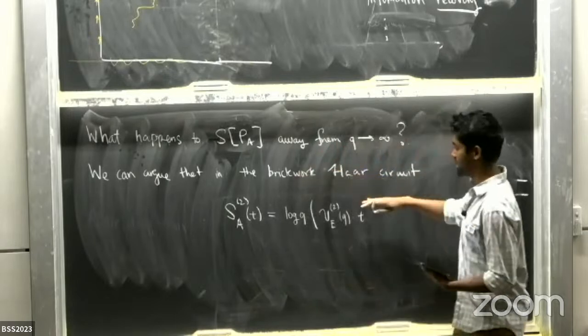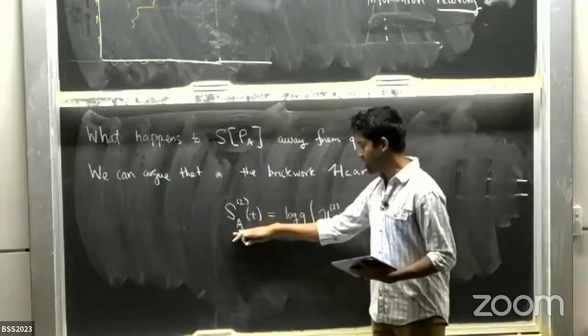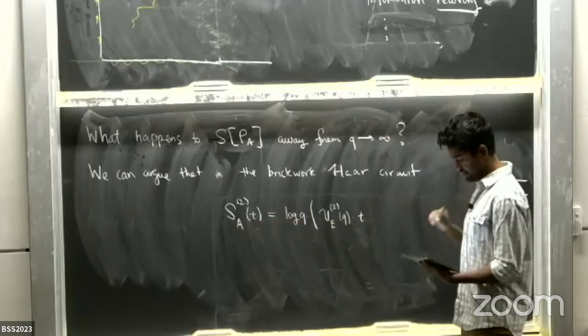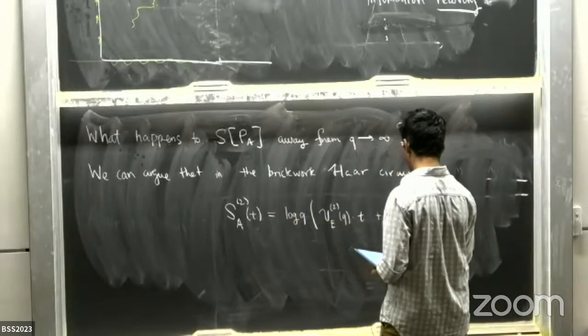In the brickwork Haar circuit, we can argue that the second Renyi entropy grows ballistically in time, but it has a universal subleading correction.